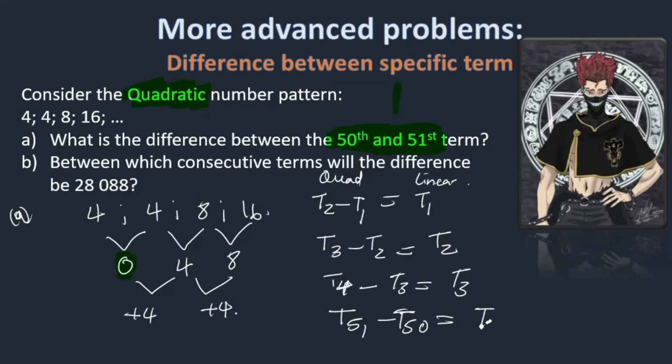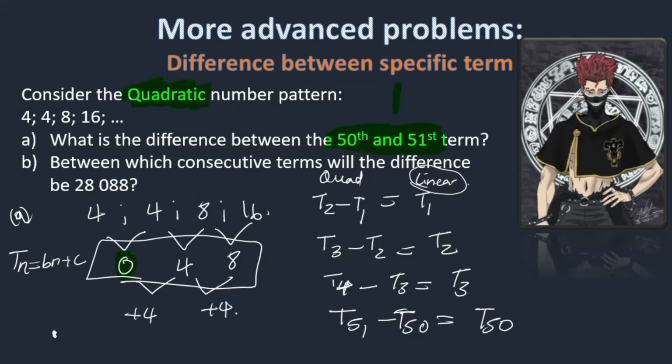This is supposed to give me T50 in a linear sequence. Makes sense? What are we doing here? Hope so. Right? So, since we are saying this is a linear sequence now, I can treat this as a linear sequence. What do I know about a linear sequence? It has an equation that says Tn is equal to Bn plus C. That's what I know about it.